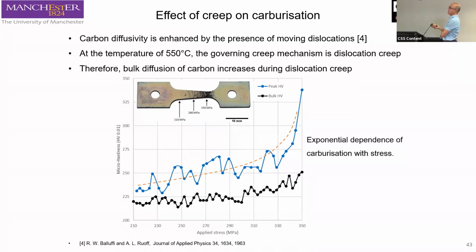So when you are at 550 degrees, if you have dislocation creep, you are really increasing the carbon diffusivity, and therefore you are enhancing the carburization.